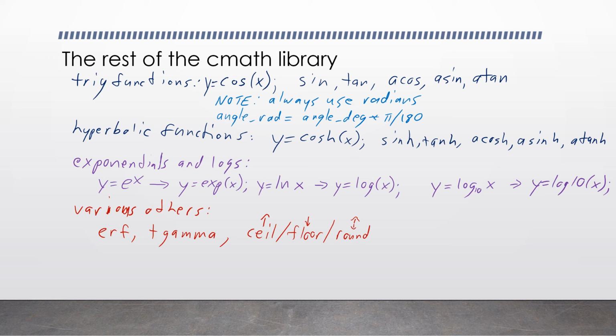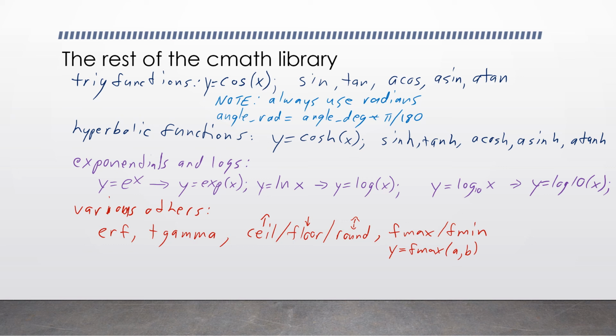Okay. There's fmax and fmin, which you give two arguments to. So if you have two numbers a and b and you want to keep the highest one, you can say y equals fmax of a comma b, and it will keep whichever one is the maximum.